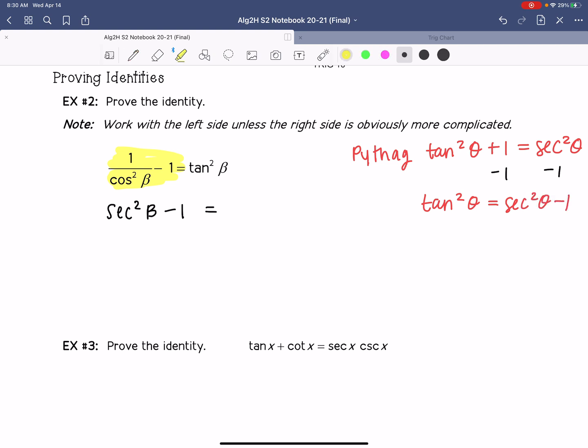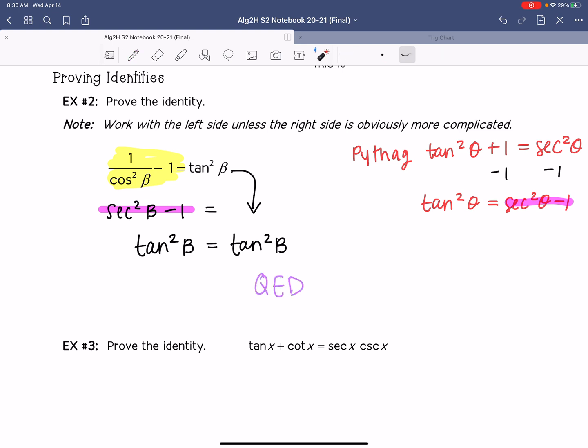And now notice these are identical. Identical, identical. So what is secant squared beta minus 1 equal to? It's equal to tangent squared theta. Or we're using beta, so tangent squared beta. And I just proved this. So we put QED.